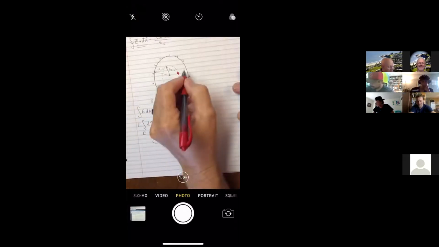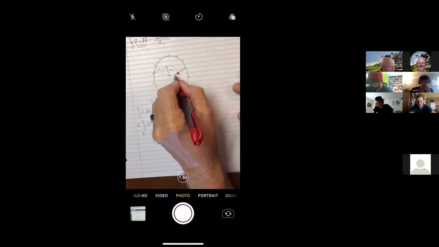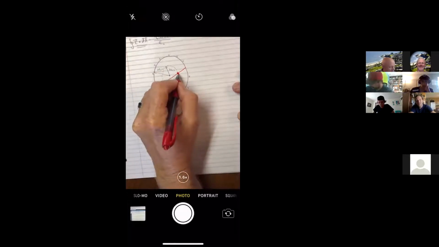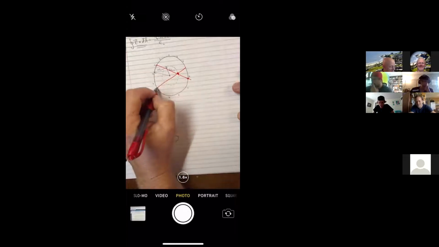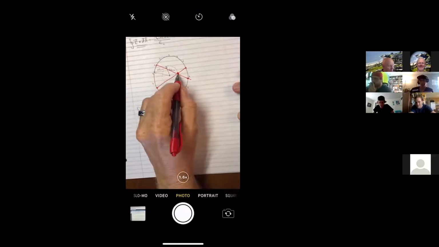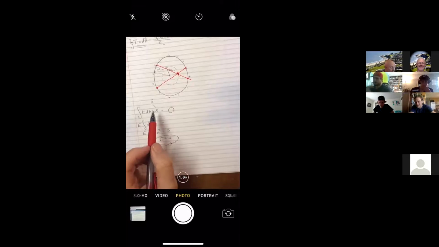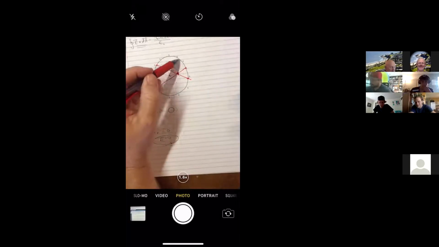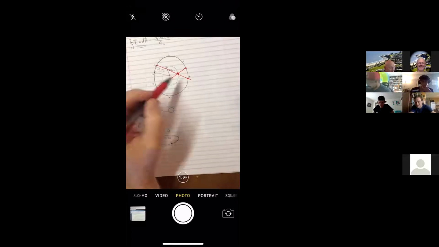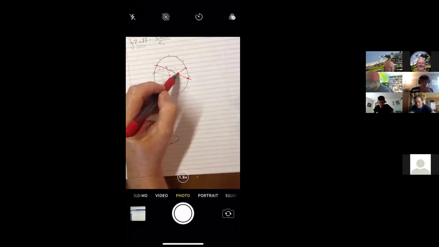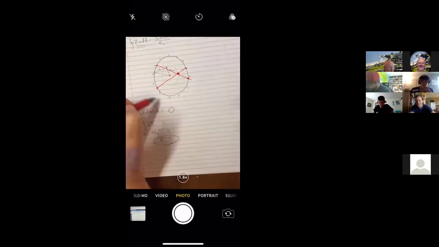But to understand it conceptually, I'm going to draw 2 intersecting lines at that point where I want to find the field. And that chops this charge into 4 pieces. And we know the electric field at this point is made from these charges. So let's look at these 4 pieces and see what we come up with.